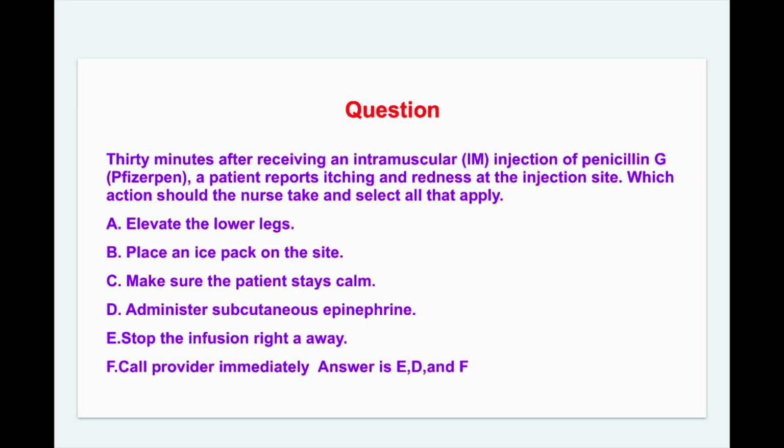And also if available, administer subcutaneous epinephrine. If it's a hospital setting, you can also call the rapid response team. They have epinephrine available, or if the patient already has epinephrine, we can give the epinephrine first before we call the provider. We just have to monitor the patient.